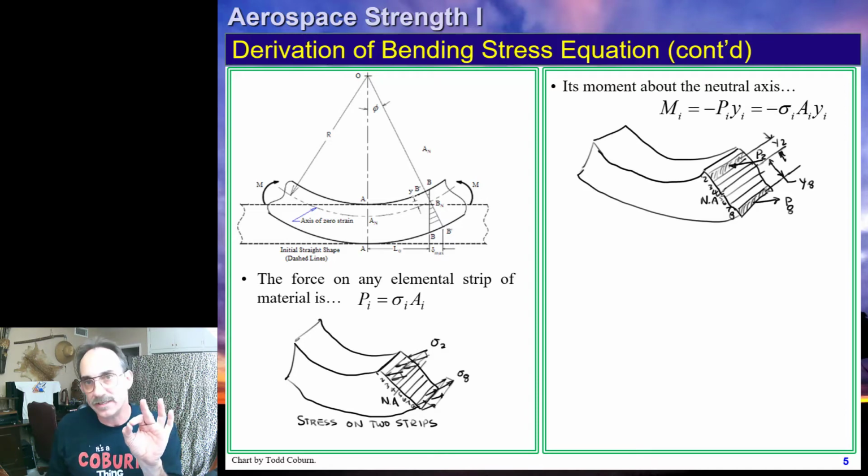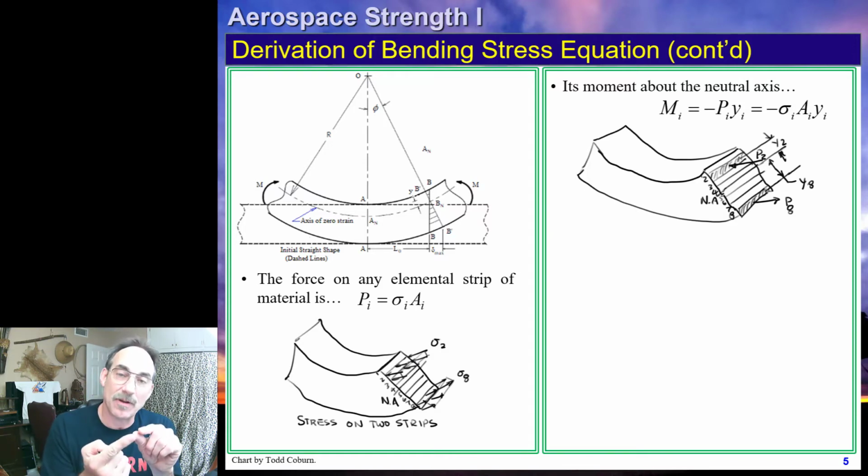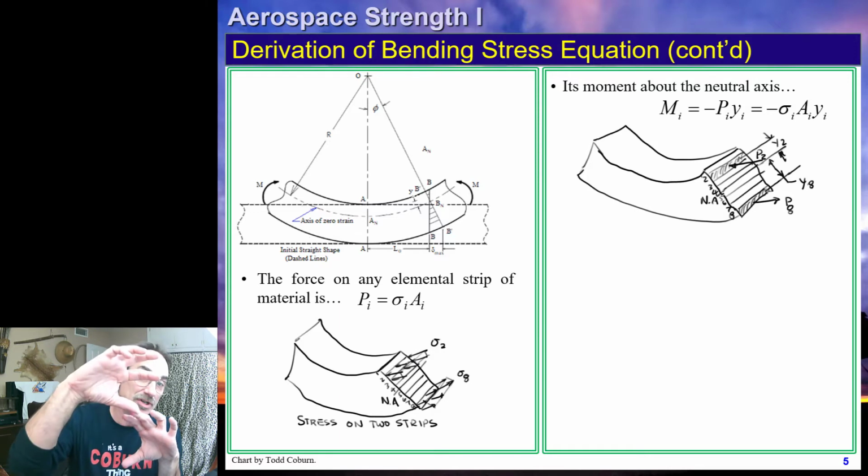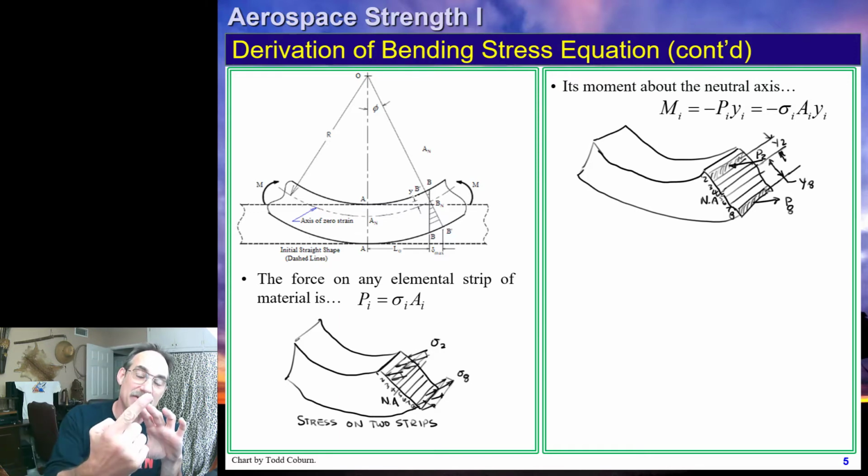The moment is whatever that force is multiplied by y. Remember, y is defined as positive from the neutral surface moving toward the upper part of the beam. So if we're at the upper surface, and the beam is h tall, it's positive h over 2.